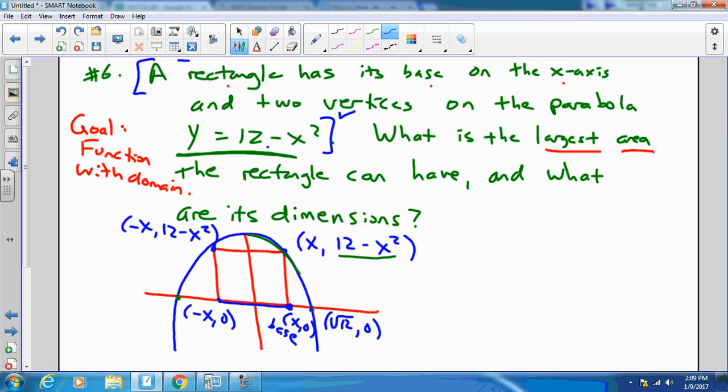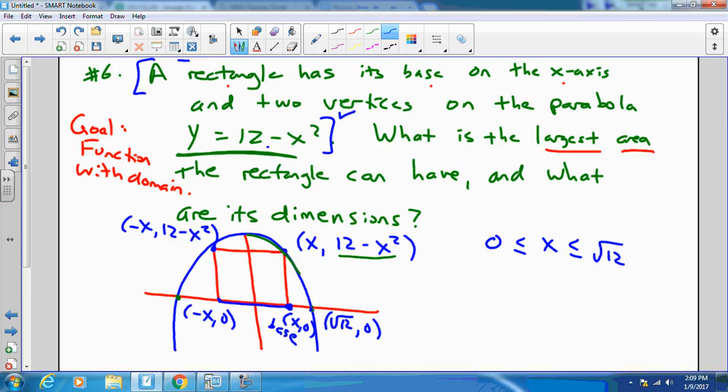Yeah, it's root 12. Which you simplified very nicely as 2 root 3's. Let's finish this up. We're almost done. So our domain is going to be x's between 0 and root 12.